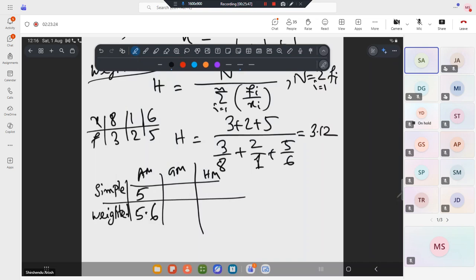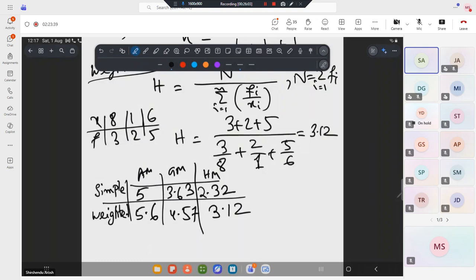For GM, we got 3.63 and 4.57. And finally for HM, we got 2.32 and 3.12.